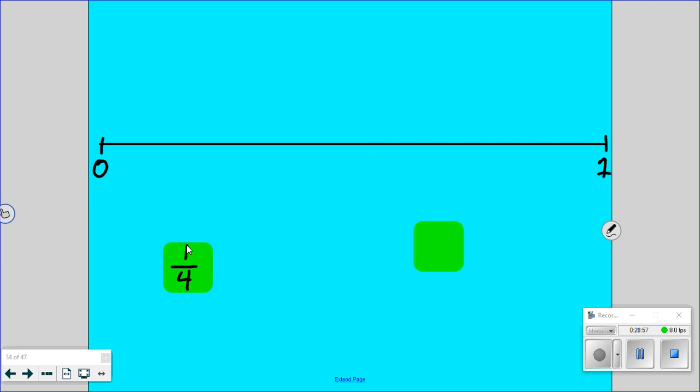Then I want you to try and figure out, where might that fraction go on my number line? When you think you got it, give me a secret thumb. Brogan, I see you put it really close to 0.